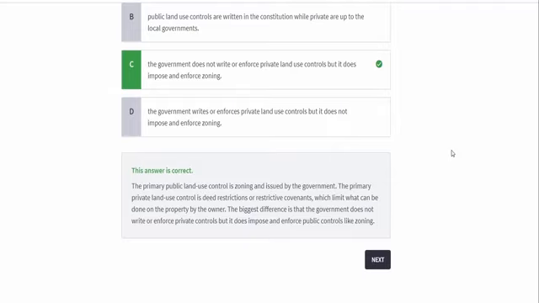If you're an HOA, and this is always a good example, let's say you're in the HOA and you write a private land use control. Let's just say it's a deed restriction, and you get together with your HOA members, and you all come up with certain rules, and you have to write them into the deeds, okay?